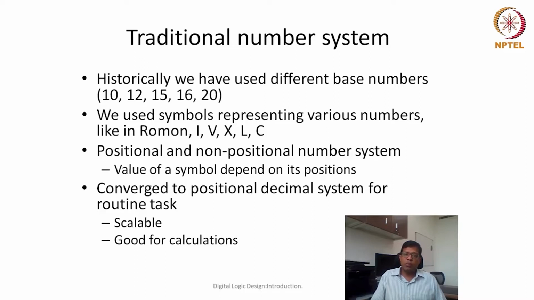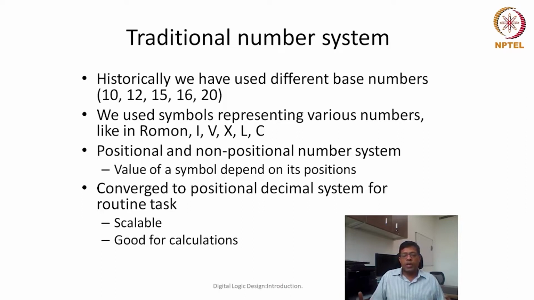In Roman numbers, I means 1, V means 5, X means 10, L means 50, C means 100. So they kept on inventing different symbols for different numbers. If you want to count a very large number, then there would be a different symbol for each value. Each symbol would carry its own value.